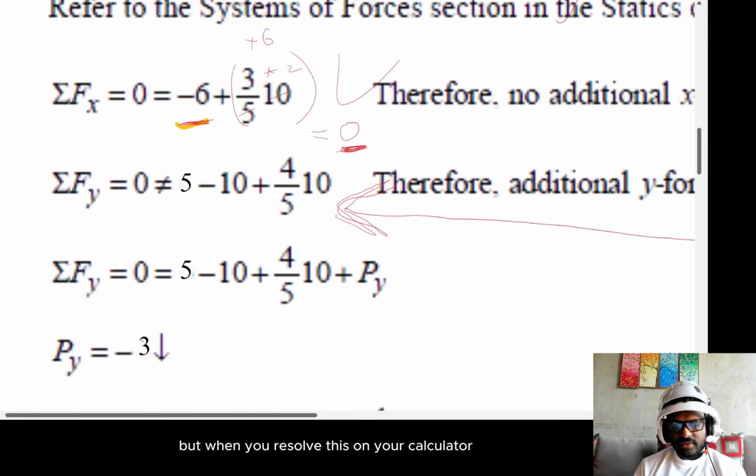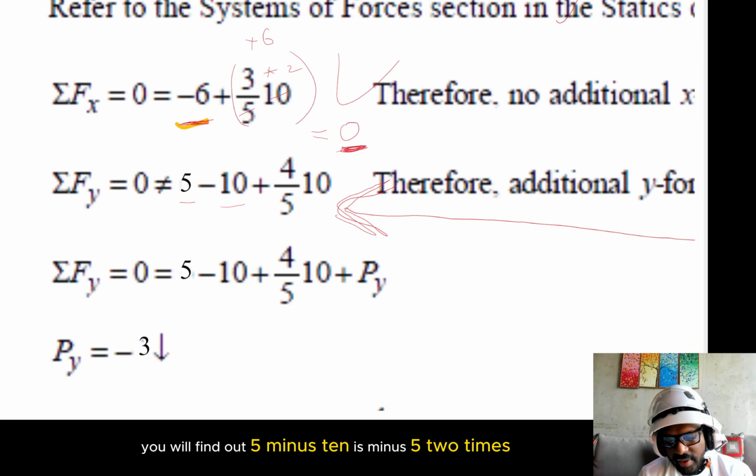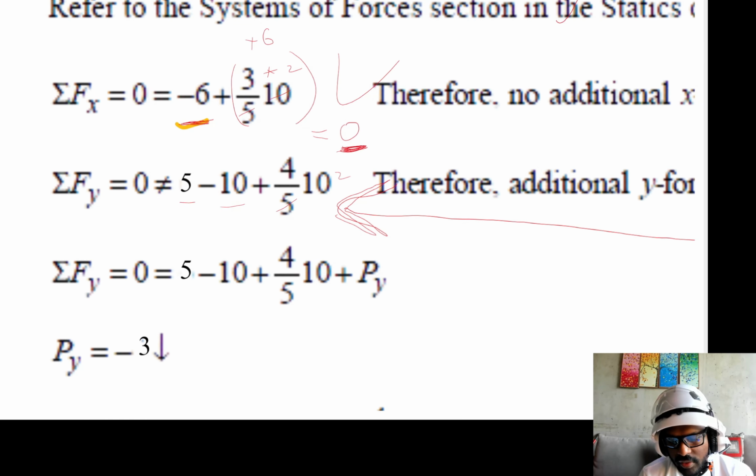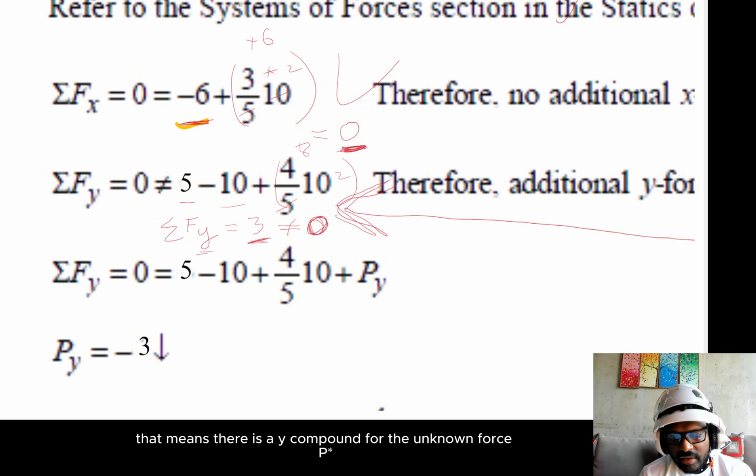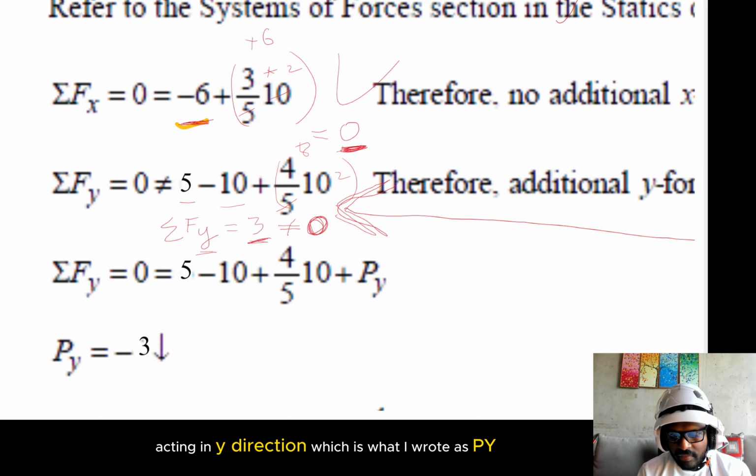That's exactly what I wrote over here. But when you work this out on your calculator, you will find 5 minus 10 is minus 5. 2 times this will come to 8. So minus 5 plus 8 comes down to 3, which is not equal to 0. Because sigma Fy is not equal to 0, that means there is a y component Py acting in the y direction, which is what I wrote as Py.